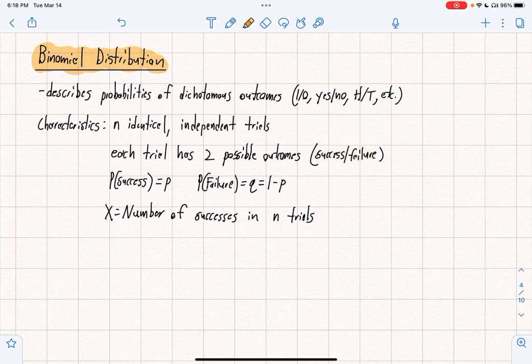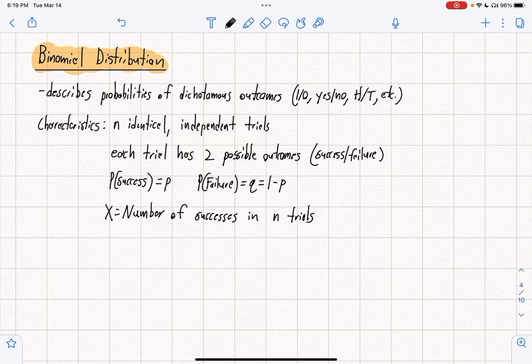And the probability of a success is constant throughout each trial. And we call that probability of success P, which means the probability of failure, which we call Q, is just 1 minus P. And so then our random variable is X, and it is the number of successes in n trials.